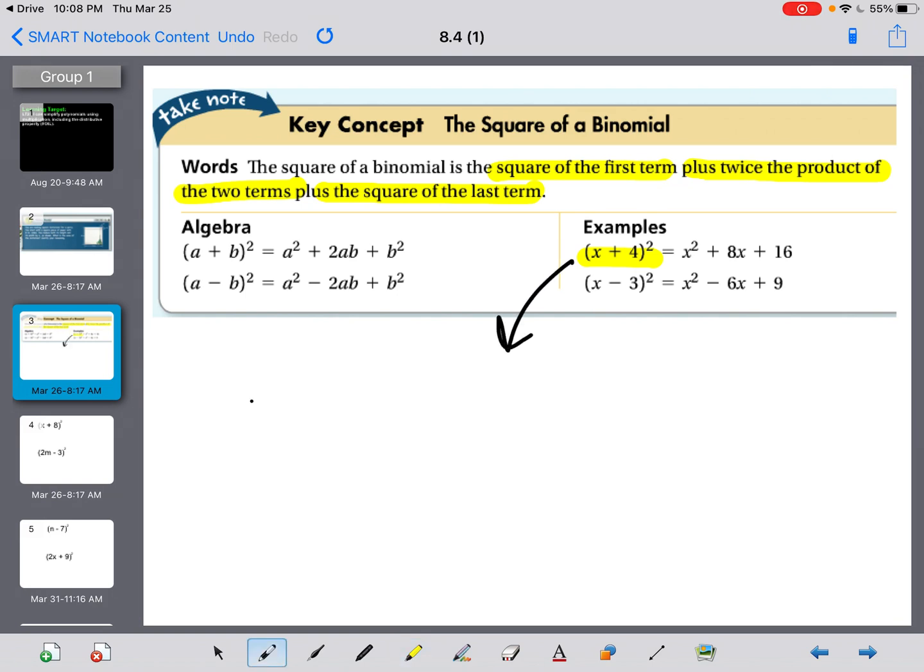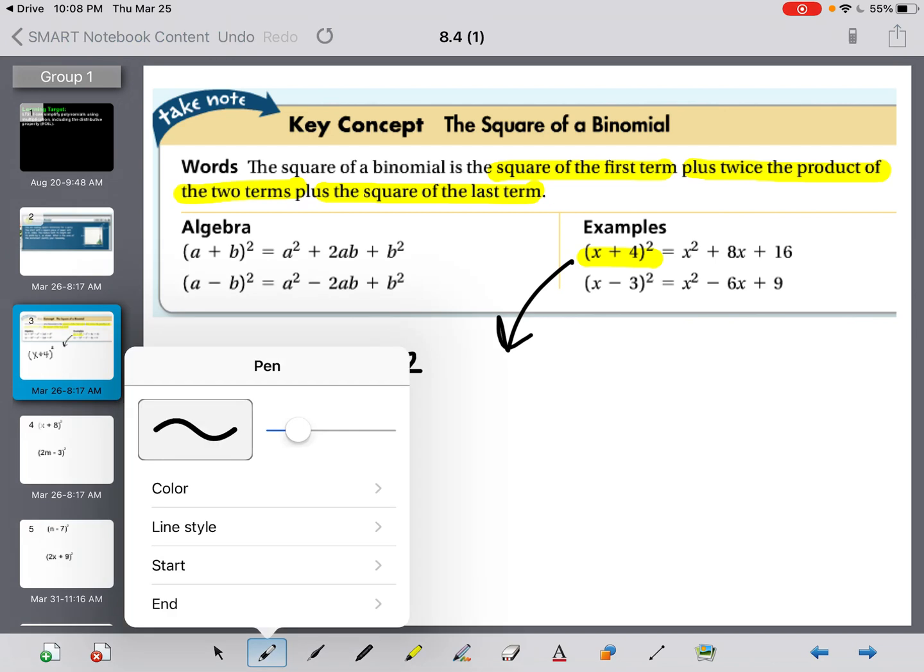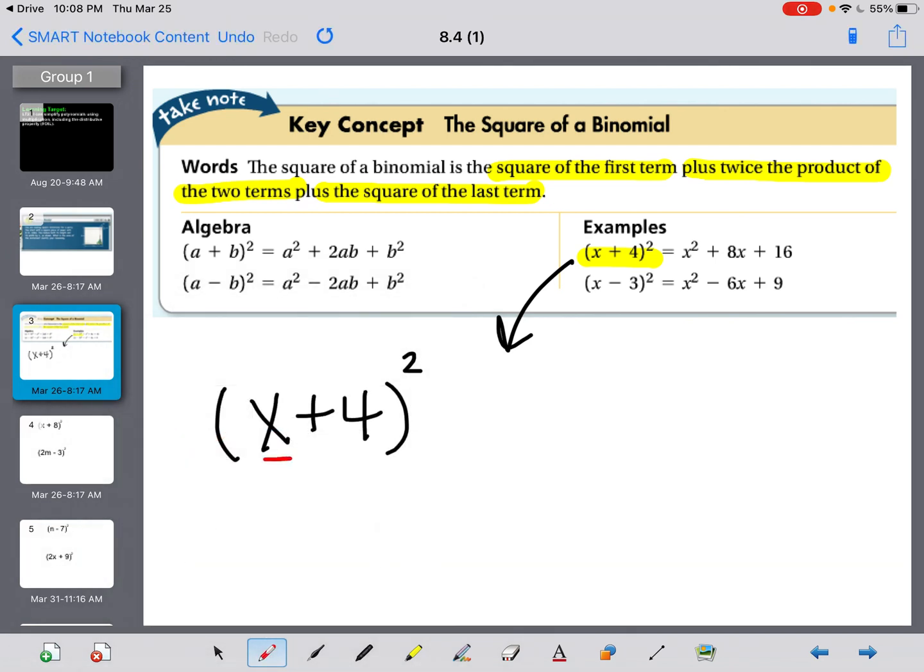Let's try this one. x plus 4 to the second power will be the same as the square of the first term. So here's our first term. We're going to write the square of that, plus twice the product of the two terms. These are our two terms, the 4 and the 1 here.